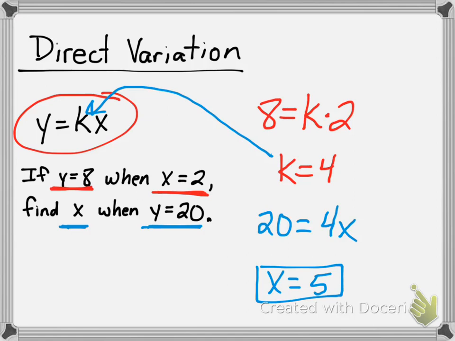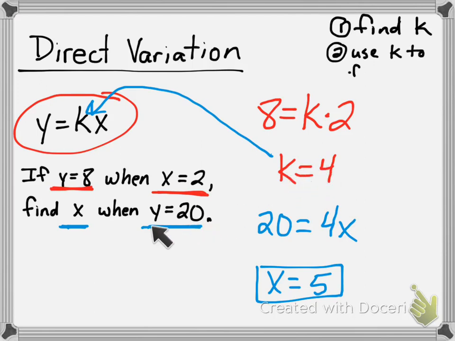So our two steps: first, we use the x and the y to find the k value. And then step 2, we use that k value to find our other missing variable, because it could ask us to find x or y.